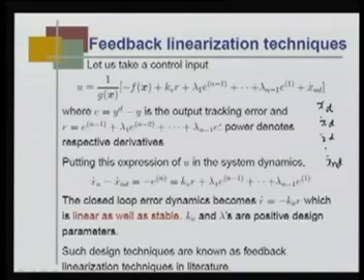This e, the error, is the tracking error; y d minus y is the output tracking error. And r, sorry, I said r is the reference here, but r is not the reference. r is e to the power n minus 1 plus lambda 1 e to the power n minus 2 plus so on until lambda n minus 1 e.